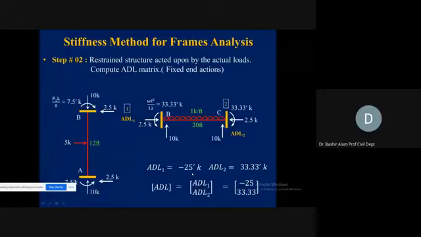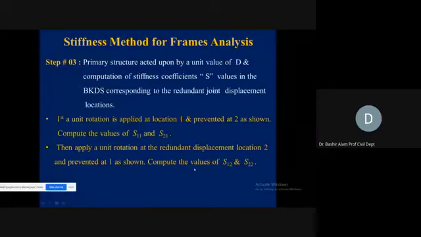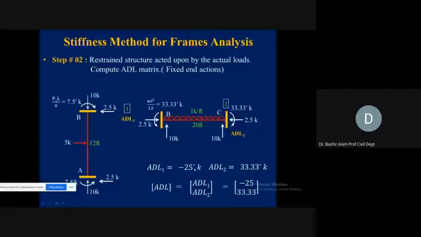So first let's confirm WL square divided by 12. So 1 times 20 square divided by 12 is 33.33, minus 1 and plus 7.5, so it is coming minus 28. Actually, we need to change this to the actual number, which is minus 28.83.